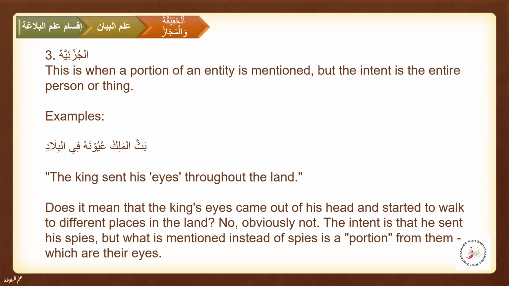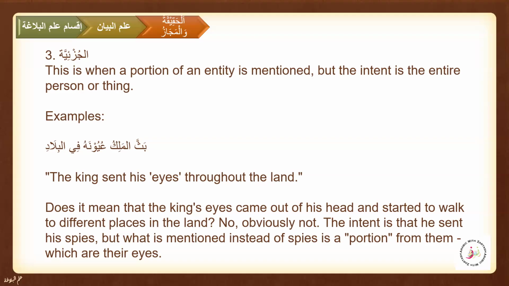For example, see this very beautiful example in Arabic. Bassa al Maliku uyunahu fil biladi. The king sent his eyes throughout the land. Here, you see eyes, a part. The actual intent is the spies. It's their eyes that do the watching. So the Arabic language mentions the part instead of the whole.